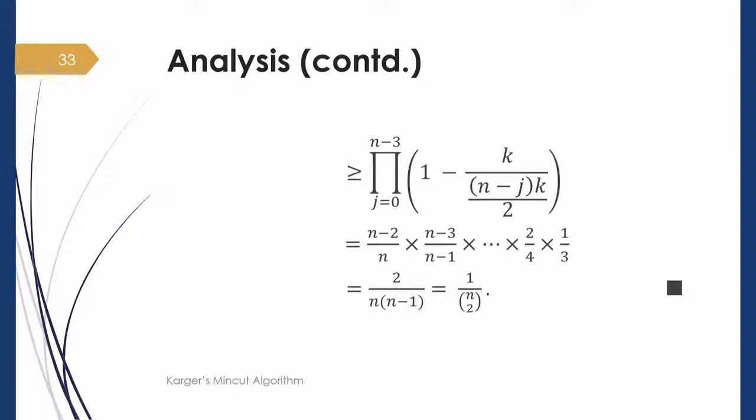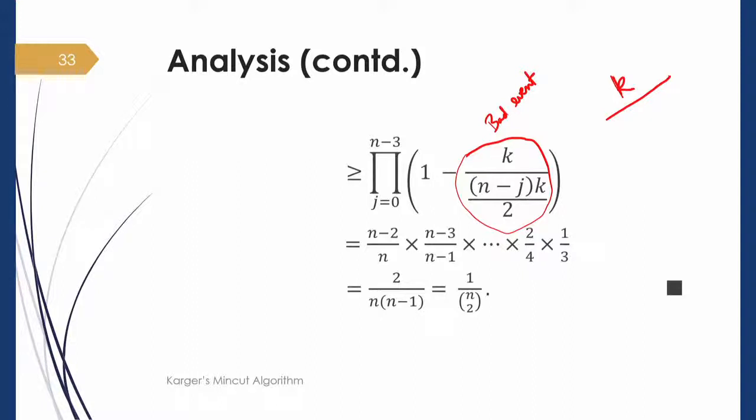Well, that probability is going to be at least k divided by the total number of edges, where k is the cardinality of C star. So that the bad event would be that we pick an edge from C star.